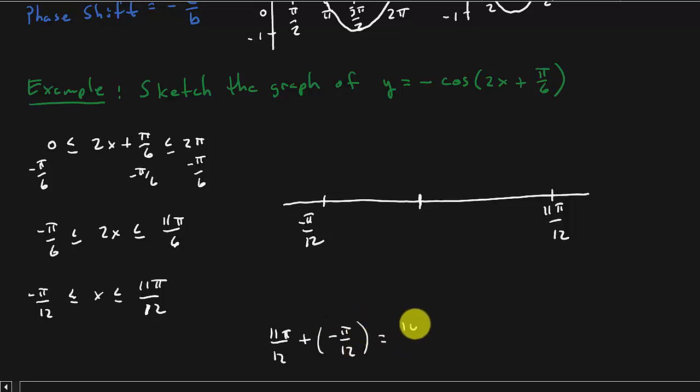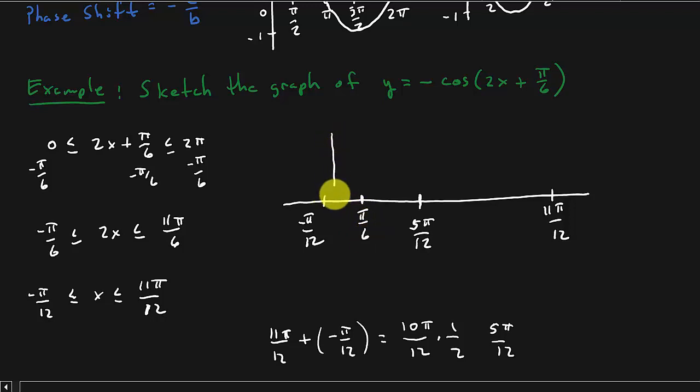That's going to be what? 10 pi over 12. And then I've got to halve it. That's going to be what? 5 pi over 12. So that's 5 pi over 12. And then I need to add these. That's going to be 4 pi over 12, which is going to be pi over 3. So that's going to be pi over 6.